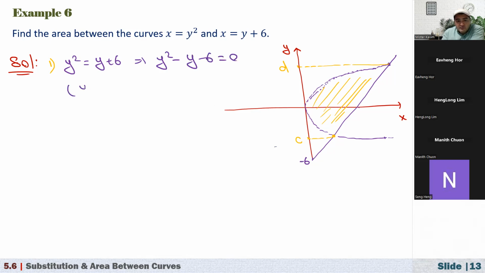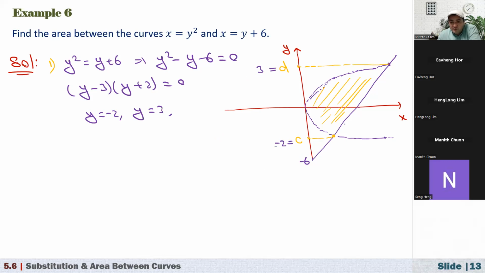If you factorize this, we have y minus 3 and y plus 2 is equal to 0. So when y is equal to negative 2 and y is equal to 3, they intersect each other. So the value of c here is minus 2, and the value of d here is 3.